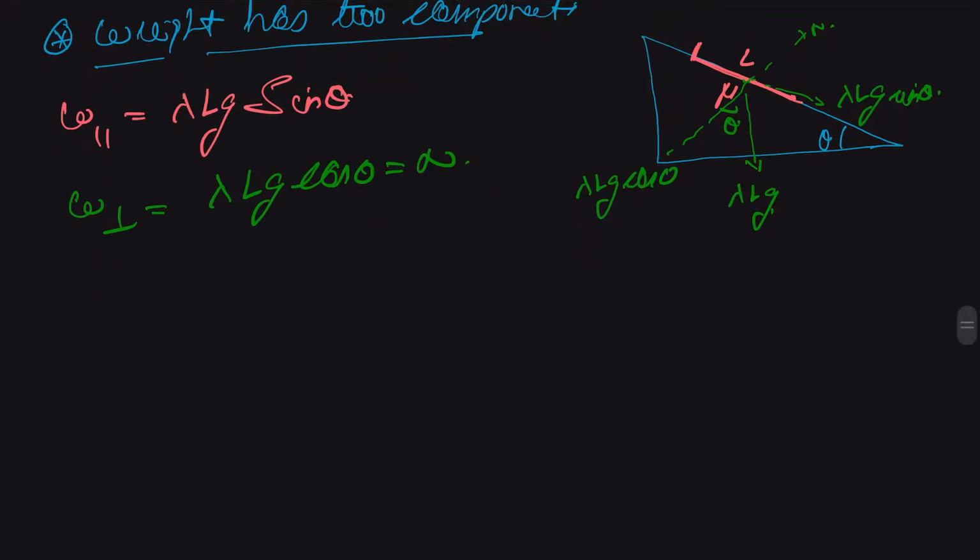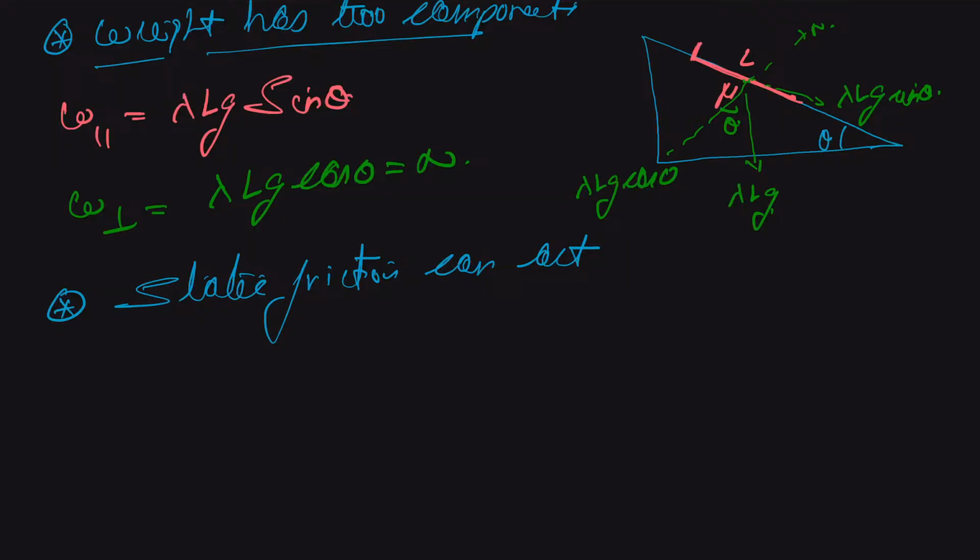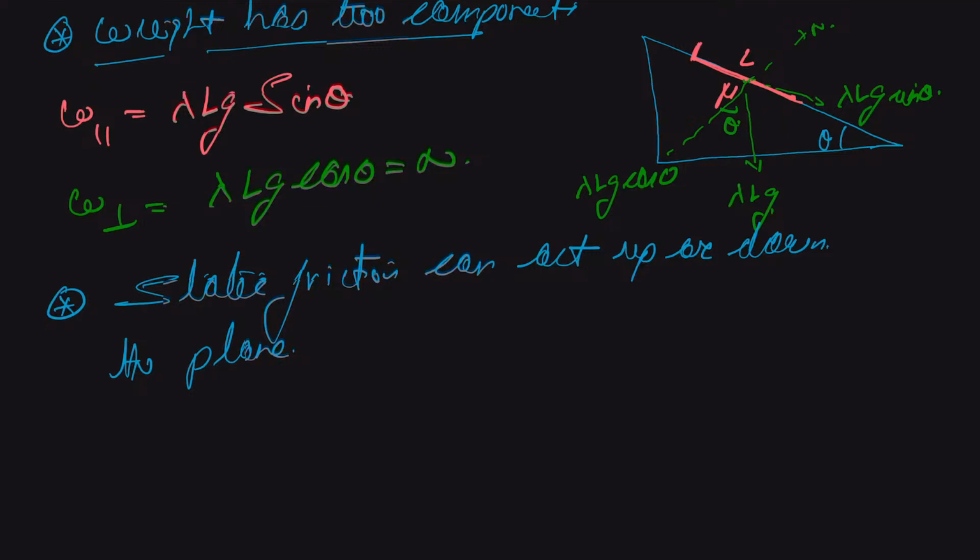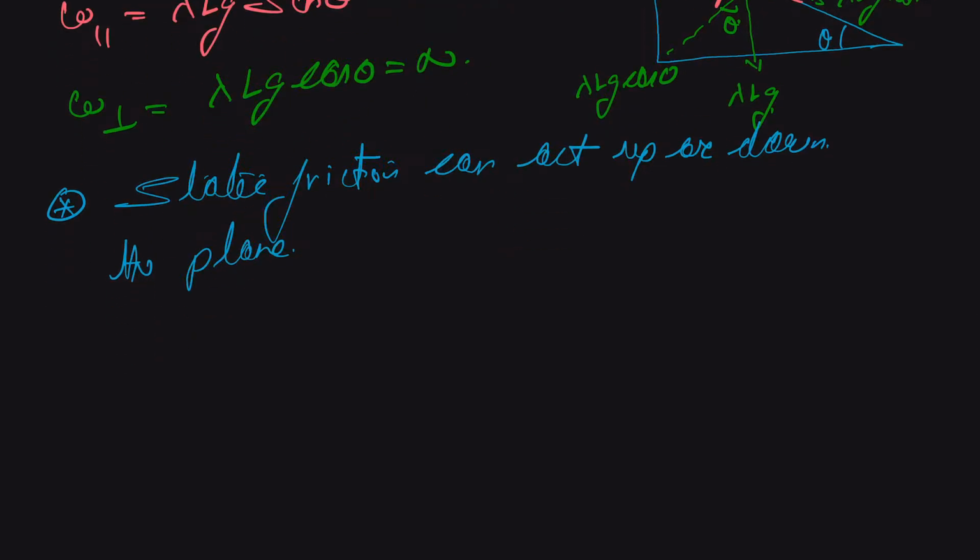So we can say that our static friction can act up or down the plane, but whatever direction it is acting, its maximum magnitude is fixed.